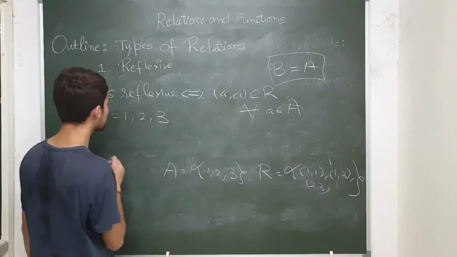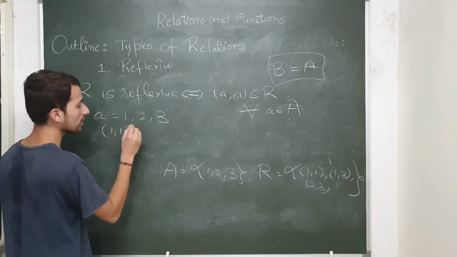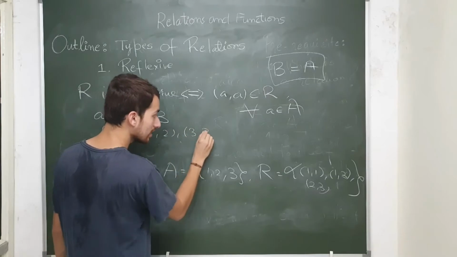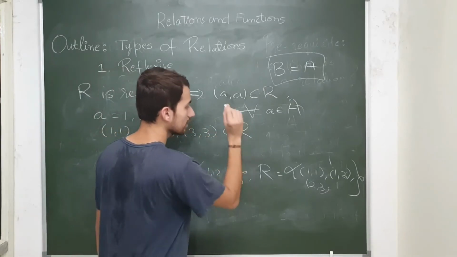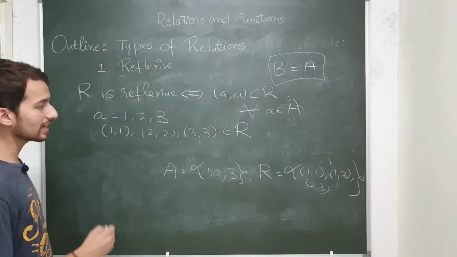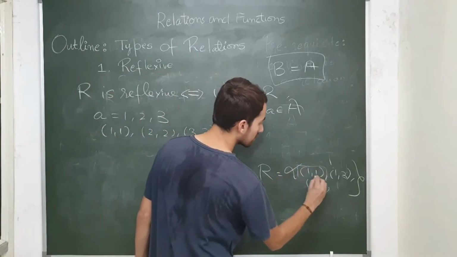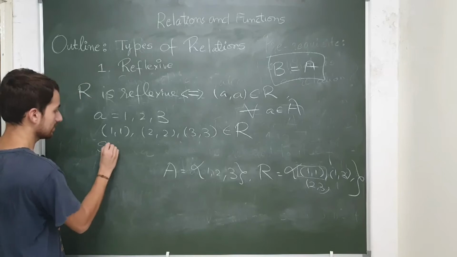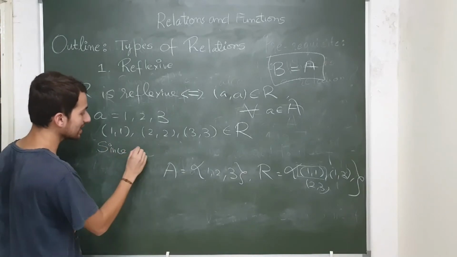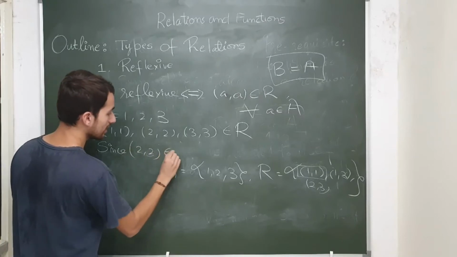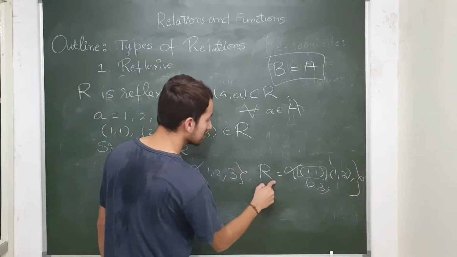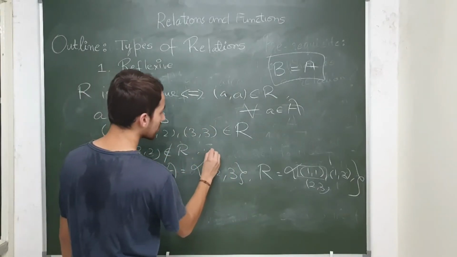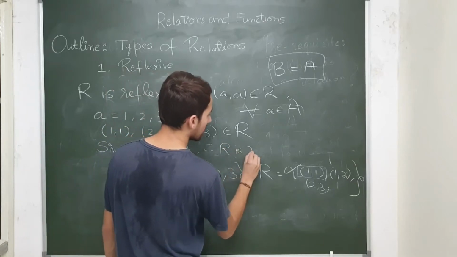So in order for R to be reflexive, (1, 1), (2, 2) and (3, 3) should all belong to R. But you see here, only one ordered pair belongs and the remaining two do not belong to R. Since (2, 2) does not belong to the relation R, therefore R is not reflexive.